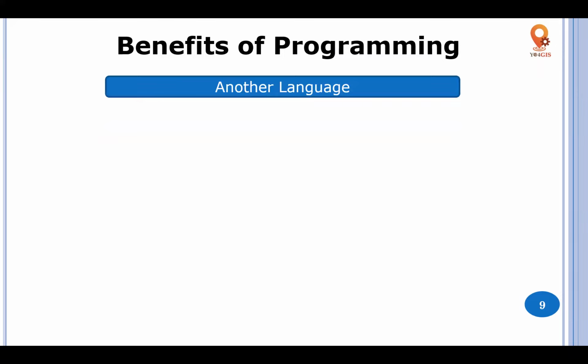First thing is another language. What is the meaning of another language? The meaning of another language is, let's suppose I know English, I can talk in English, I can write in English. If someone knows Telugu, someone knows Marathi, then you can talk in Marathi or Telugu. But whenever we want to interact with the machine, whenever we want to give some command to the machine, like please do this thing, please do that thing, for that our language is not sufficient.